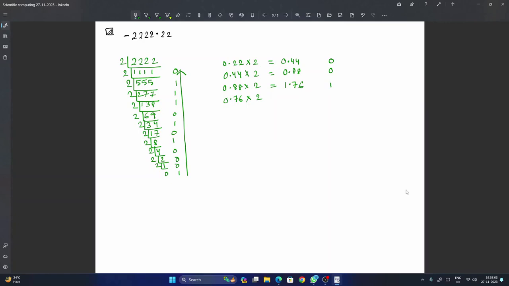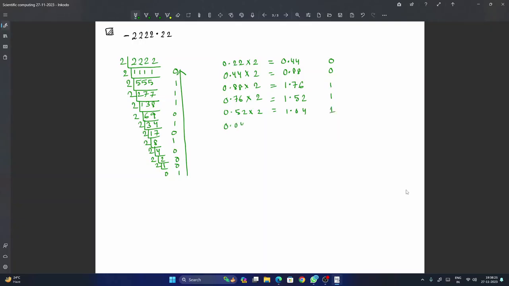So then 0.76 into 2, after that you will get 1.52, that means 1. Then 0.52 into 2, you will get 1.04, that means it is 1.